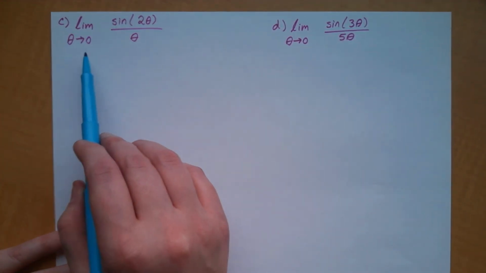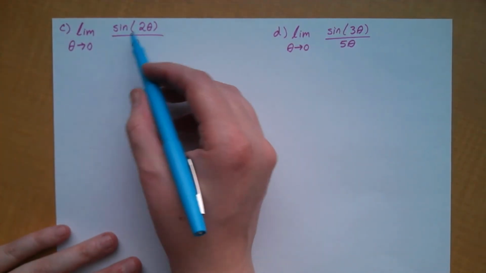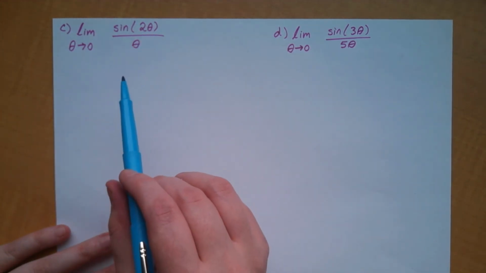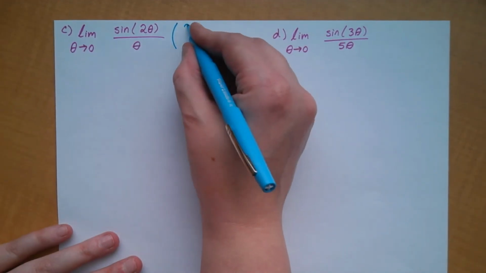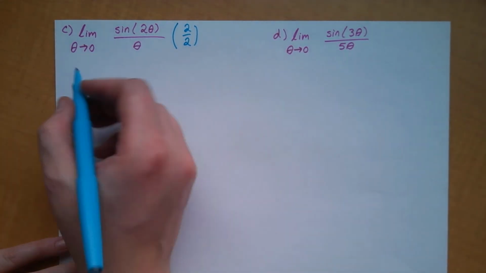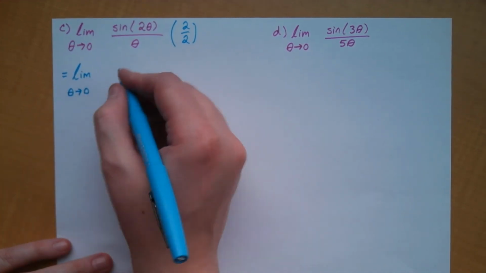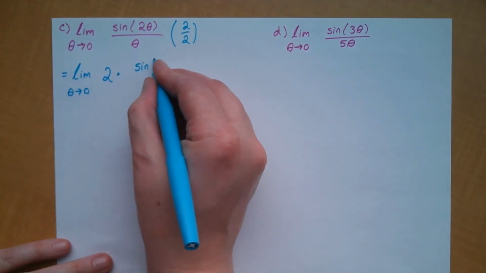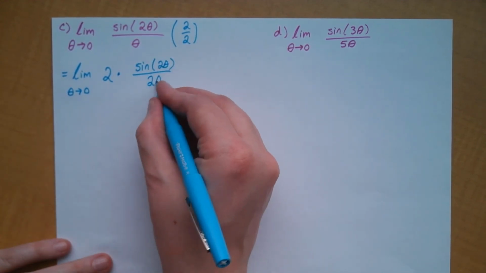So we have the limit as theta approaches 0 of sine of 2 theta over theta. Now, I can't just use the limit that I had before because that was if the inside and the bottom were the same. So here's what I'm going to do. I'm going to multiply this by 2 over 2, which is just a fancy one. When I do that, I get the limit as theta approaches 0 of, I'm going to take this 2 and put it out in front, 2 times sine of 2 theta divided by 2 times theta, that would be 2 theta.